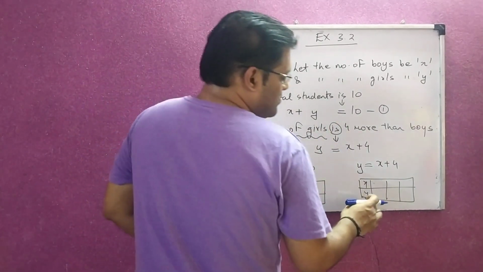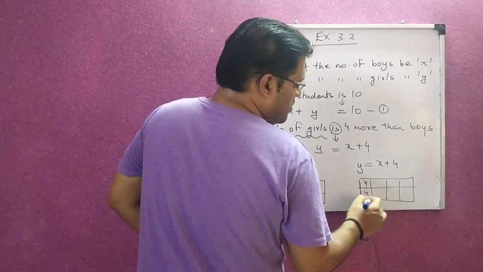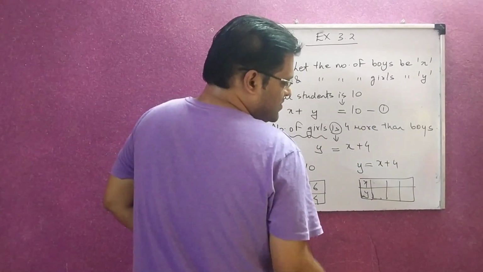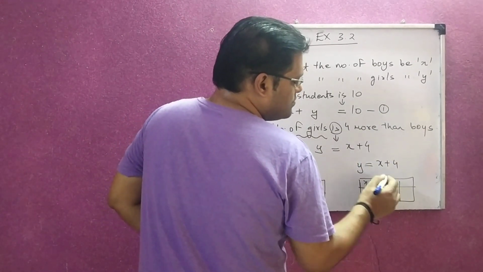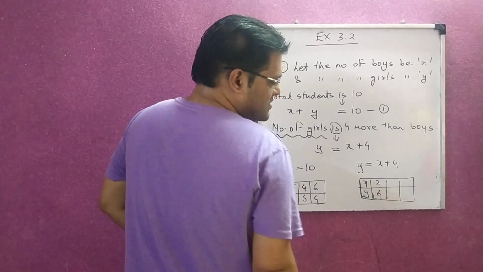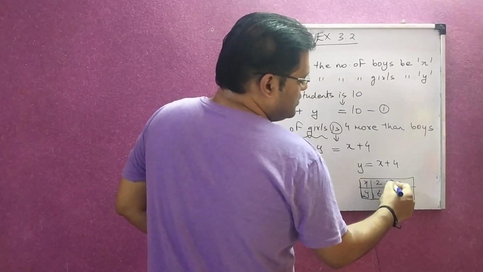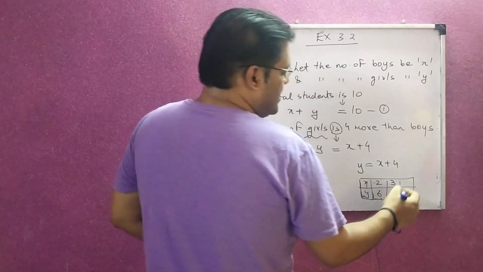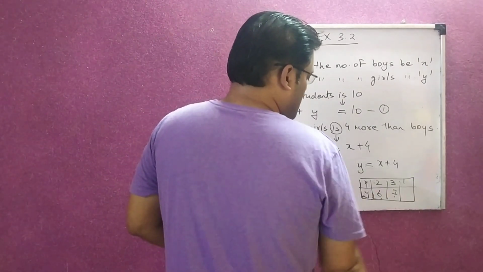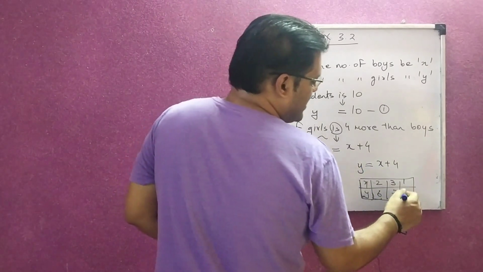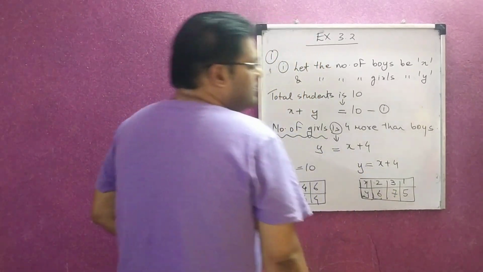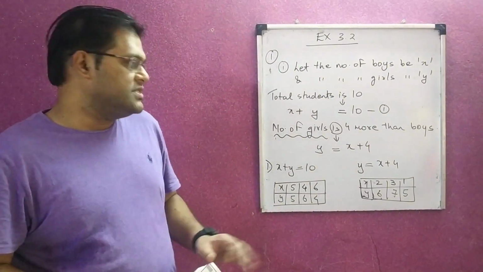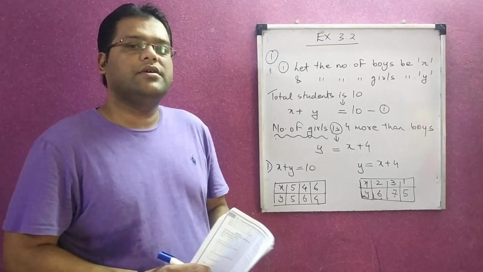On the other hand, y is equal to x plus 4. So if I take x equal to 2, y is going to be 6. If I take x equal to 3, y is going to be 7. If I take x equal to 1, what is y going to become? y is going to become 5. So this is what you have for making your graph.